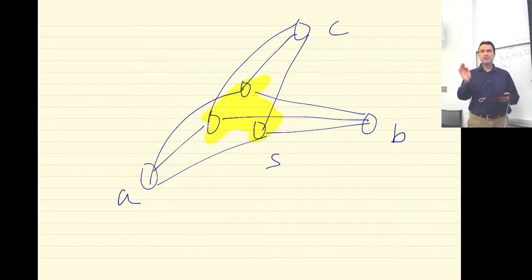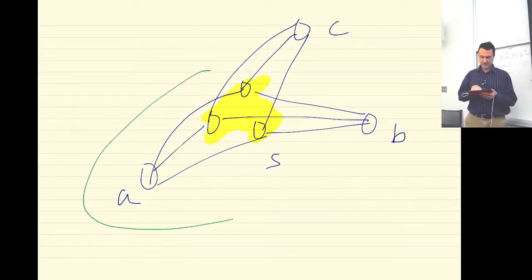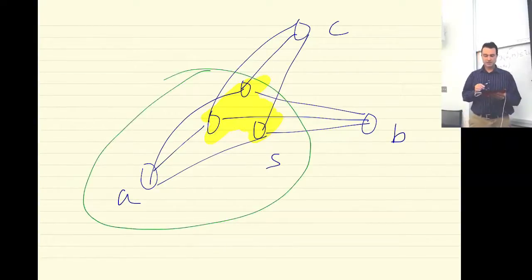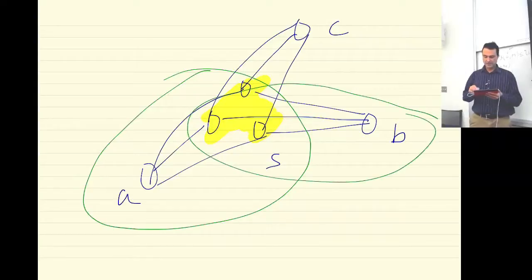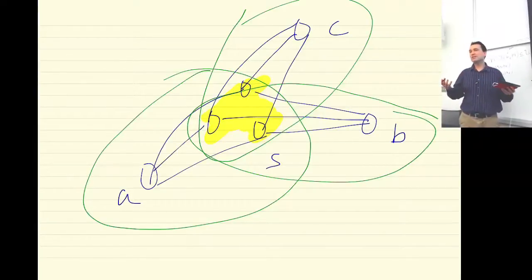So whenever you have a separator, there's the component on the left, which involves S and A, and the component on the right, which involves S and B. But there could be some other component, S and C as well, right? Some people even use this terminology: you can think of a separator as something that shatters the graph into a number of pieces.